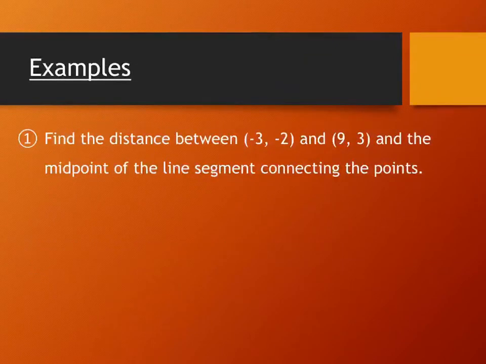So our first set of ordered pairs, look at the directions, of course, says find the distance between them, and then it says find the midpoint. So we're doing both of those formulas, distance, midpoint. And our two ordered pairs are -3, -2, and 9, 3.